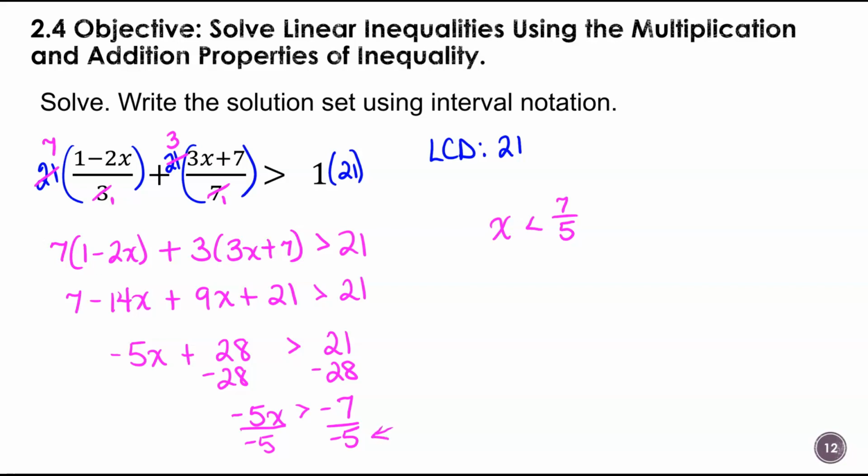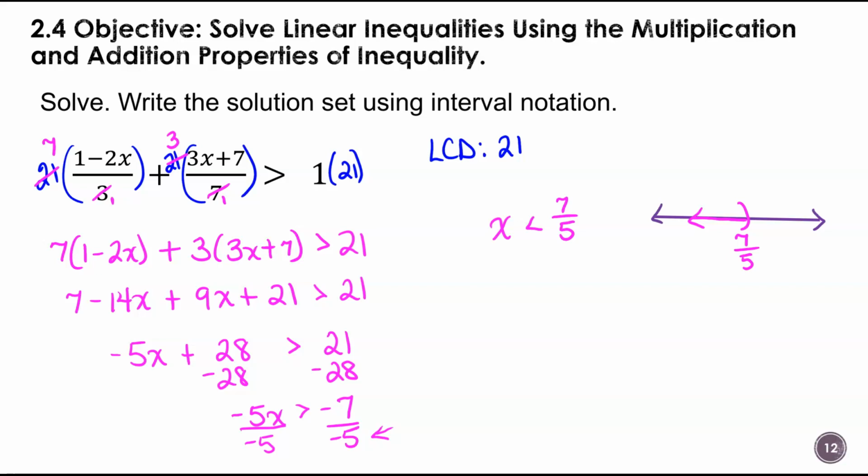Okay. So we put this on a graph. Remember, this is optional, but good idea. And it is going to be less than 7/5. I didn't use my line drawing tool there, so it's a little messy.